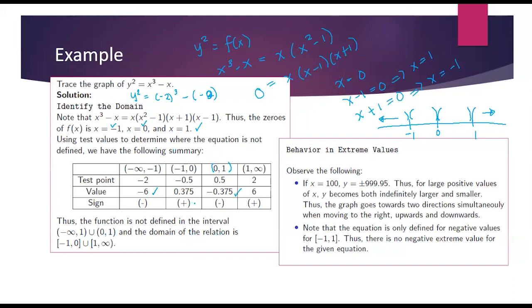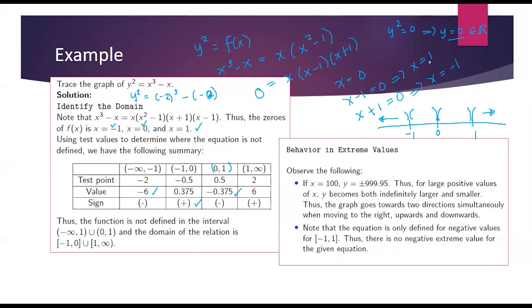And therefore the domain of our relation is a closed interval here, negative 1 to 0. Again, if negative 1 is plugged in here, and 0 as well, it will give you a value of 0 for your y, in which case y squared is equal to 0. When you extract the square root, y is equal to 0, which is an element of the real numbers.